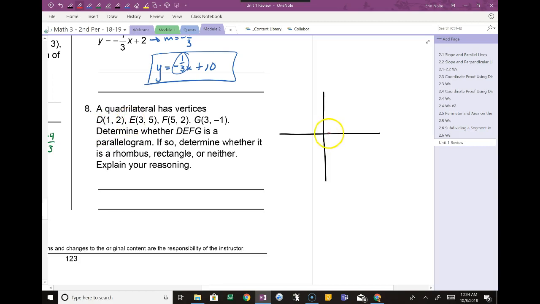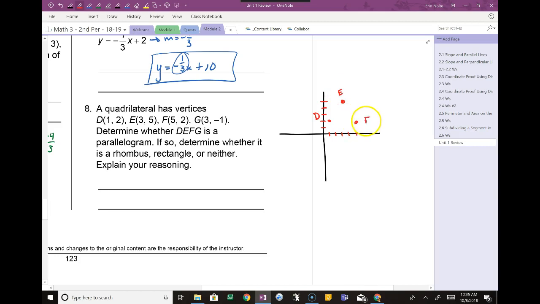If I plot the point 1, 2, that's my D. Oops, I better put that over there. D. And then I have 3, 5, and that's E. And then I have 5, 2.